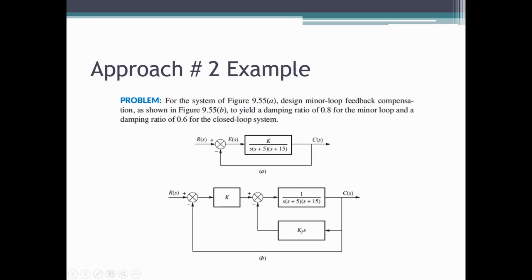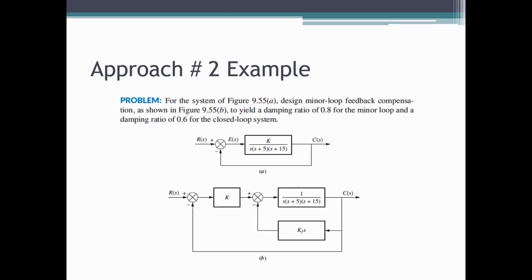By definition, the minor loop is the loop that contains the plant, which in this case is 1 over s times (s plus 5) times (s plus 15), and the feedback compensator, which is KFS. So the value of KF will be adjusted to set the location of the minor loop poles, and then K will be adjusted to yield the desired closed loop response.